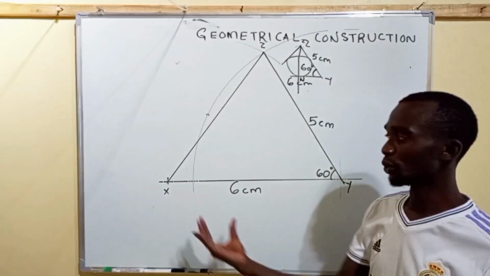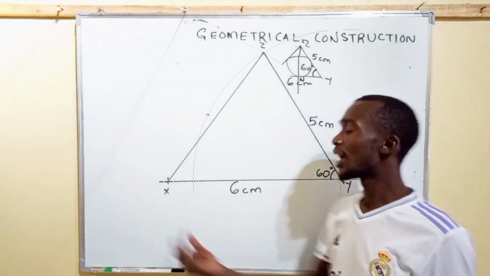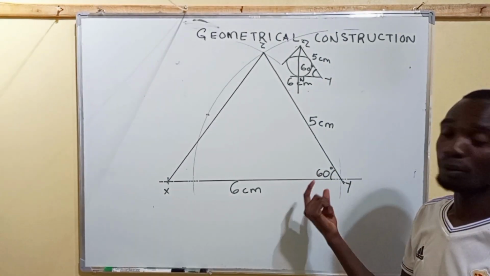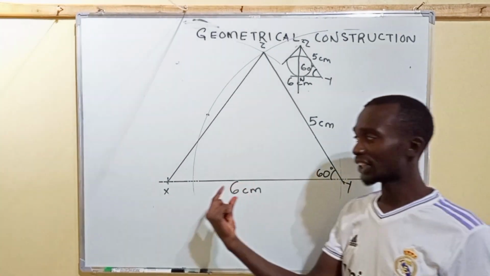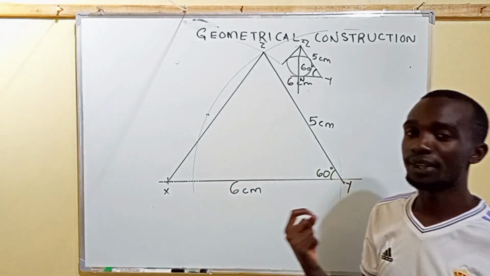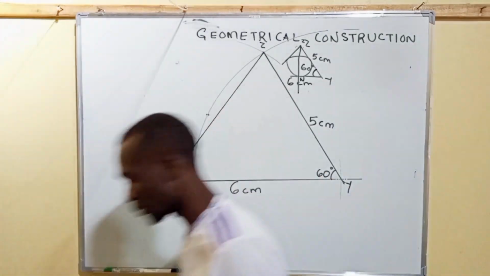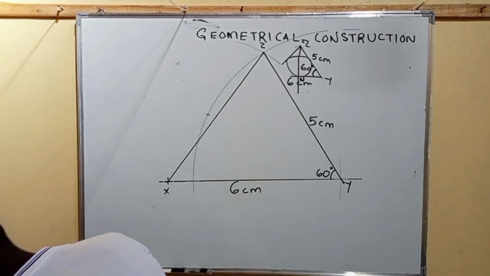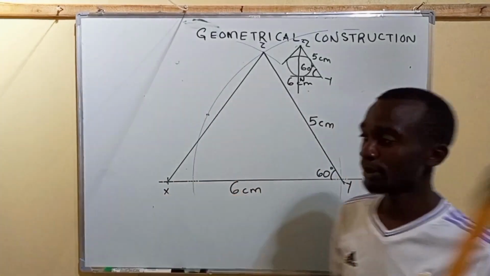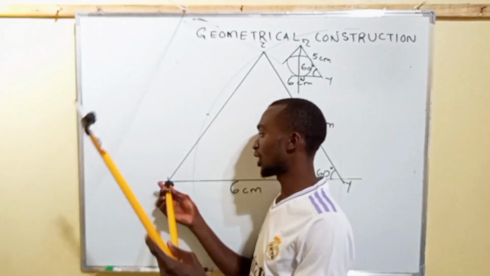For my case, I am going to use the angles at point X and point Y. To bisect the angle at point X, I take the compass and place it at this point X.